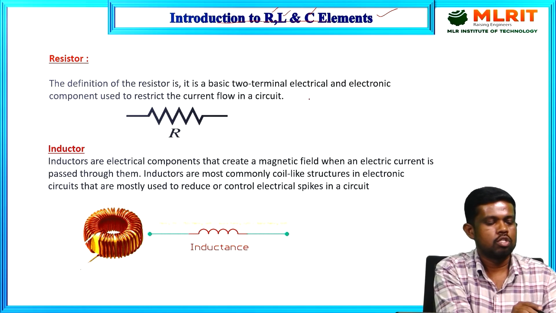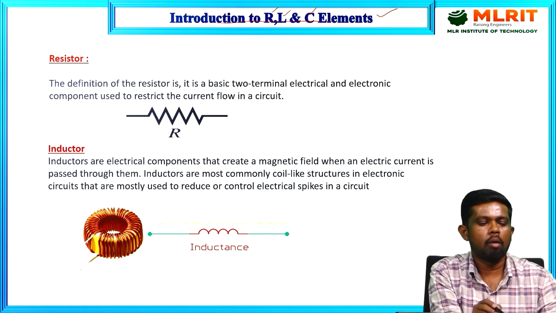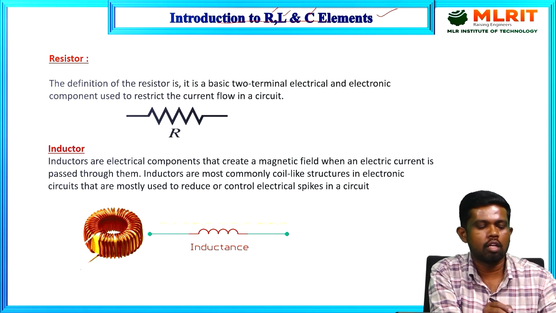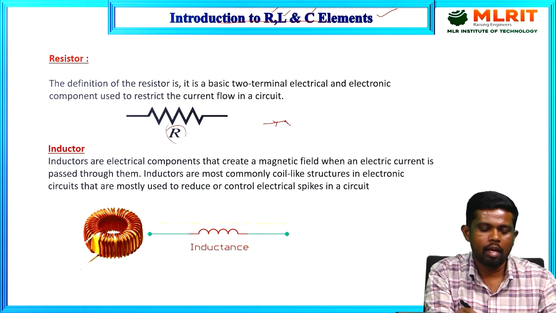The first one is the resistor. A resistor is a physical property of the material which is used to oppose the flow of electrons. Let us take a material and apply a battery or source to it.